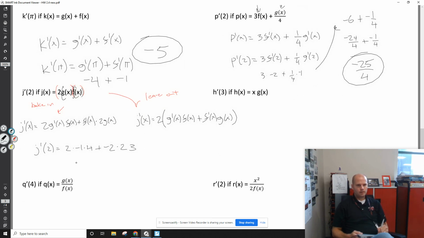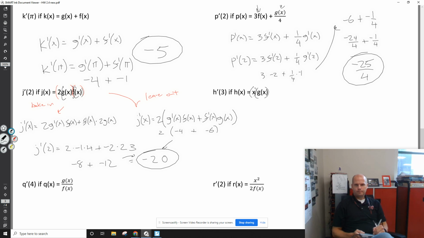So I get negative 8 plus negative 12, which is negative 20. I get the same value here. It'd be negative 1 times 4, which is negative 4. And then negative 2 times 3, which is negative 6. I'd get negative 10, but then I'd multiply that by 2. Okay?